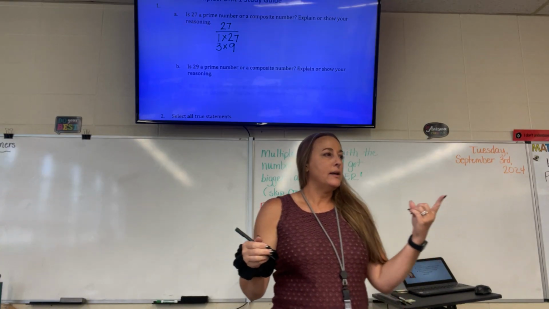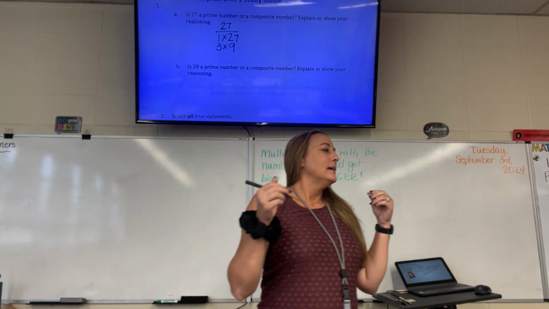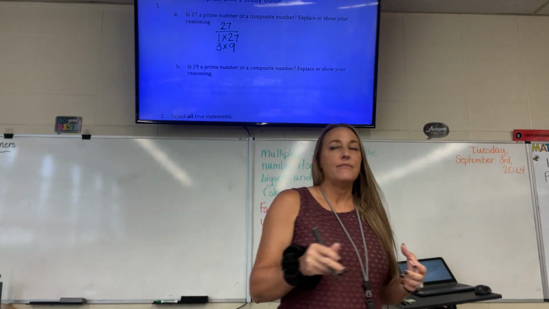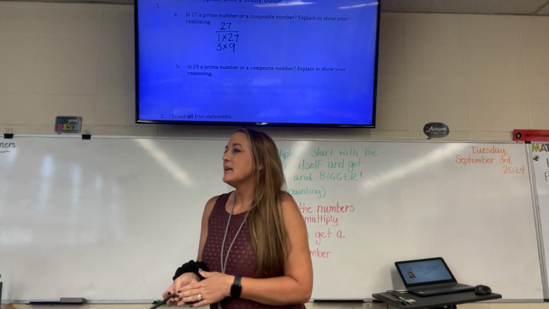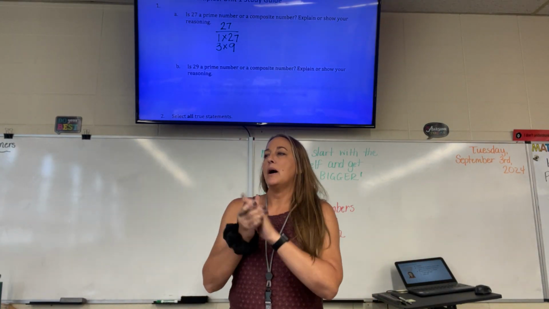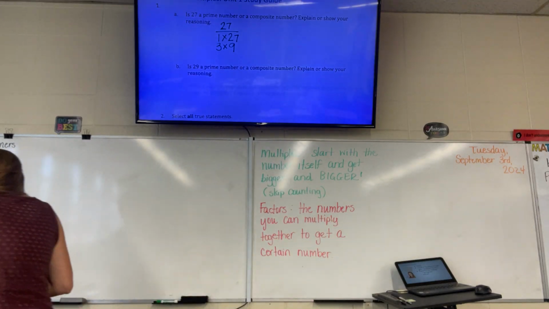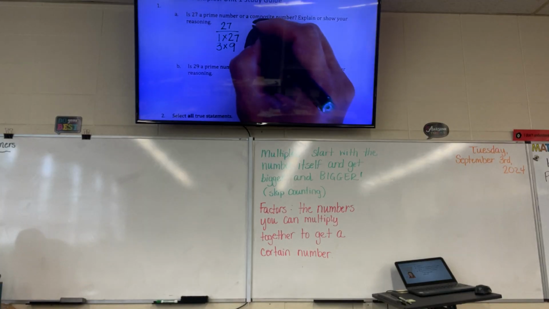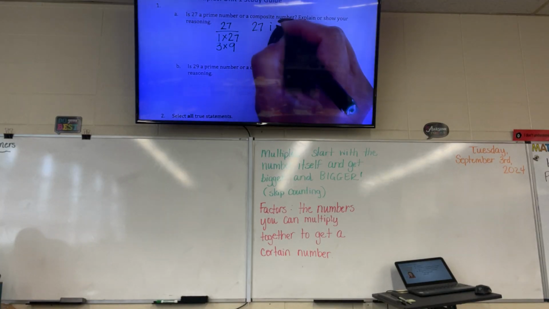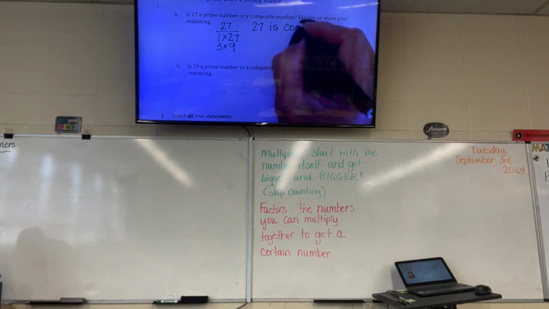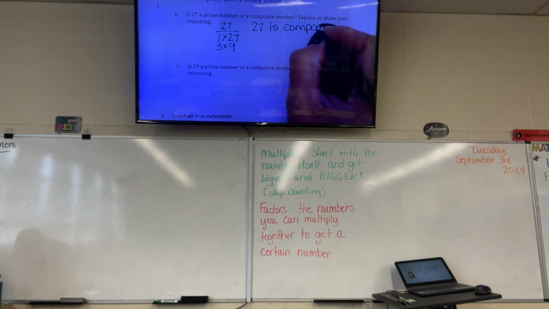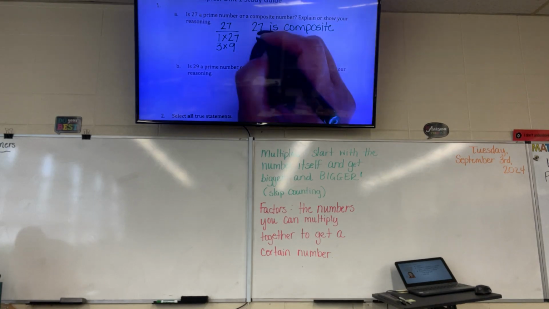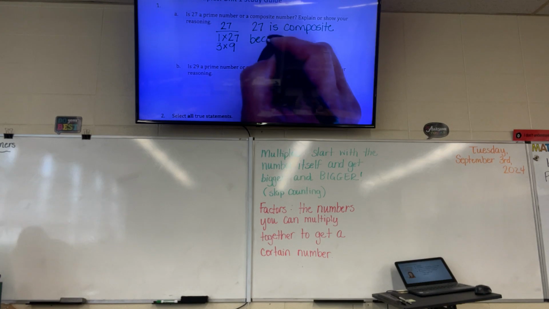It has 1, 3, 9, and 27. So that means 27 is composite. All right, so write down 27 is composite because it has 3 or more factors.